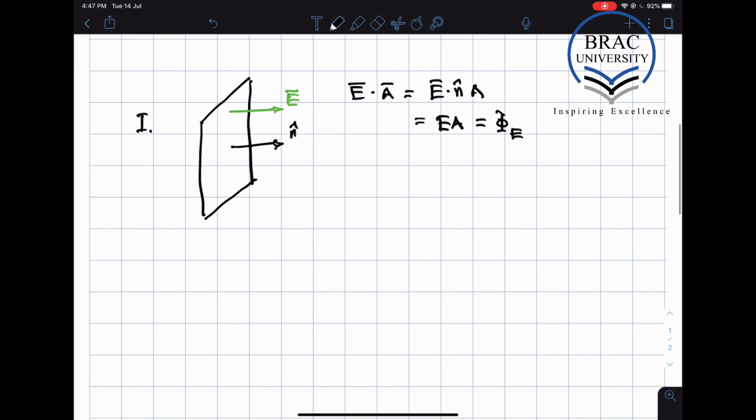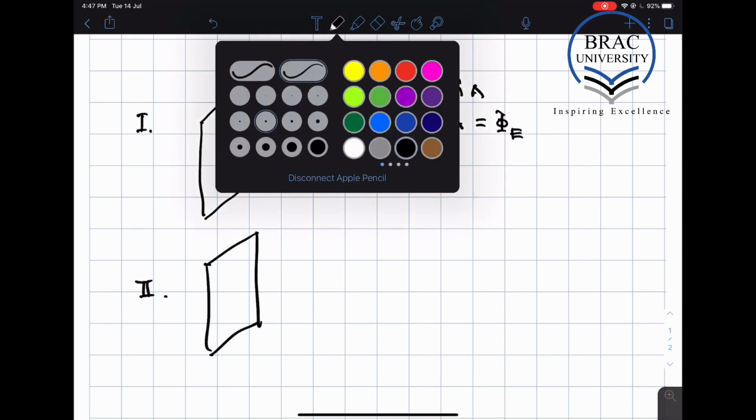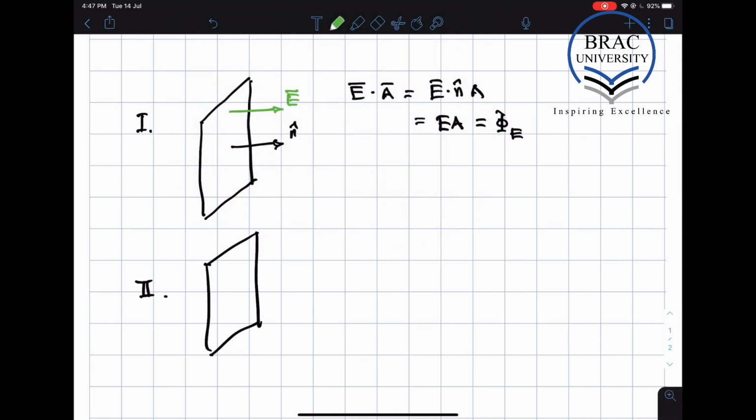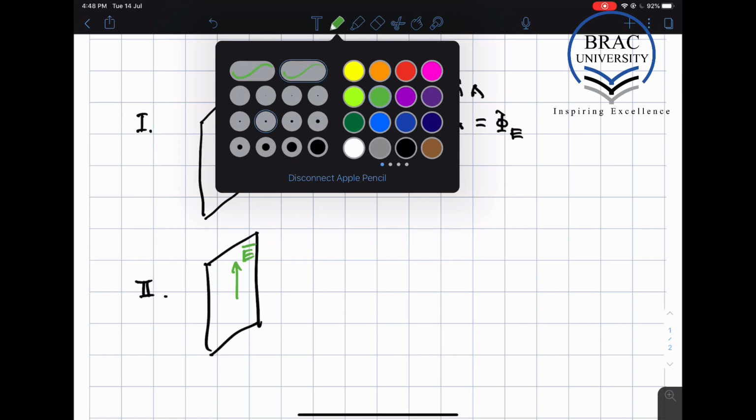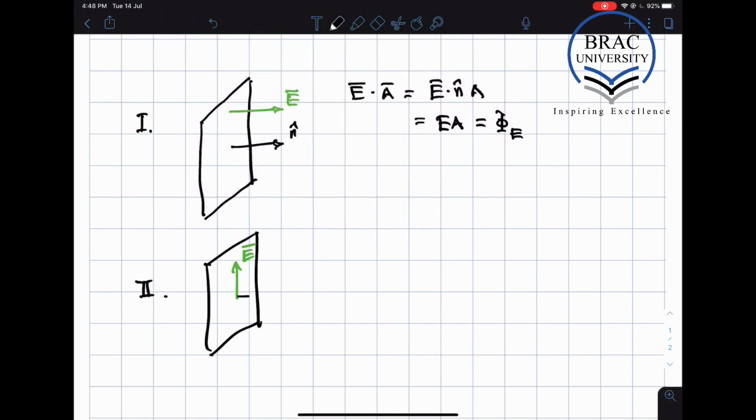Our second example will be the case where we have a uniform electric field that is parallel to the surface. So this is the vector field E, and our normal vector is in that direction.